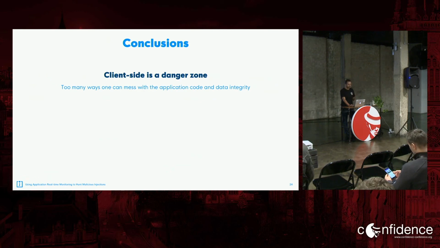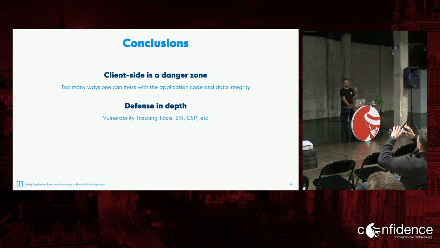So, concluding, the client side is the danger zone: you can tamper with everything, you can modify everything. There are lots of ways of doing that. I always say use every solution that you can. Just use defense in depth, use CSP to try to prevent XSS from executing in the page, from requests going out.